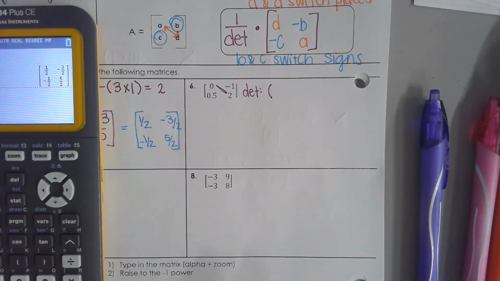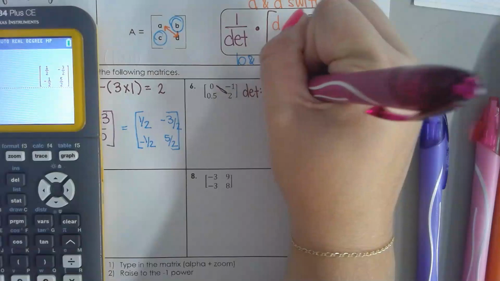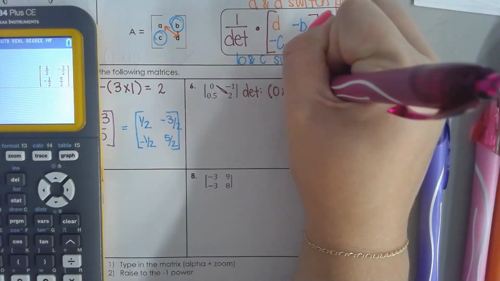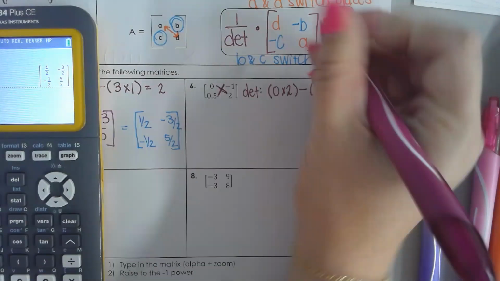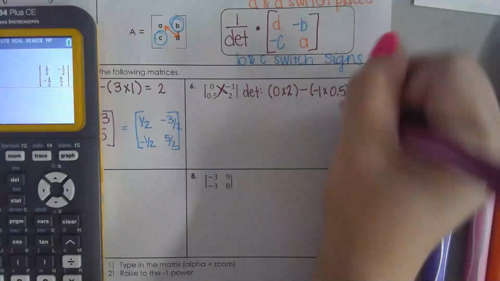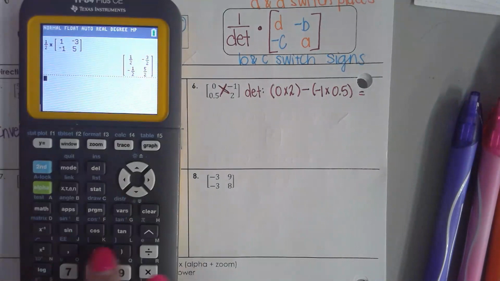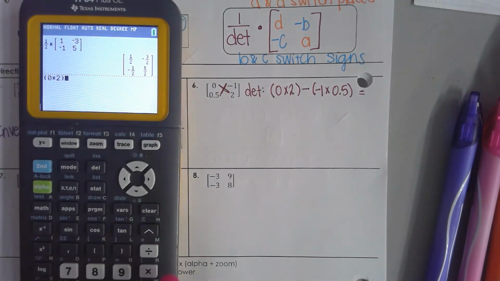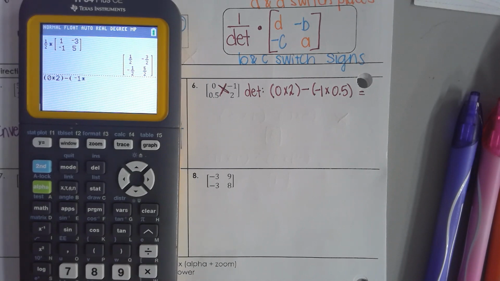You don't flip anything yet. 0 times 2 minus -1 times 0.5, and we get 0.5.